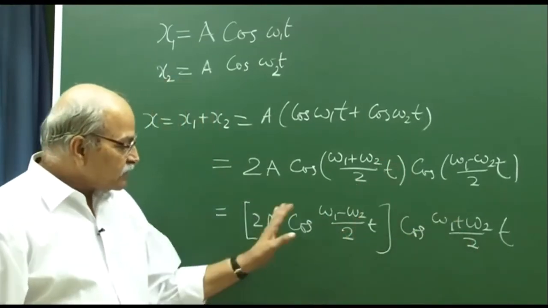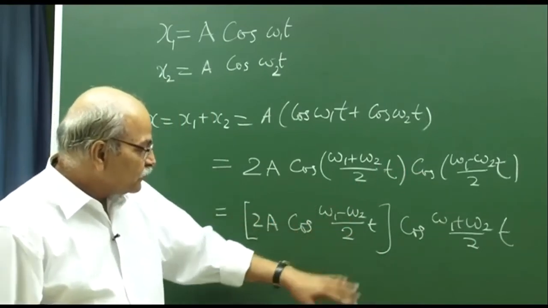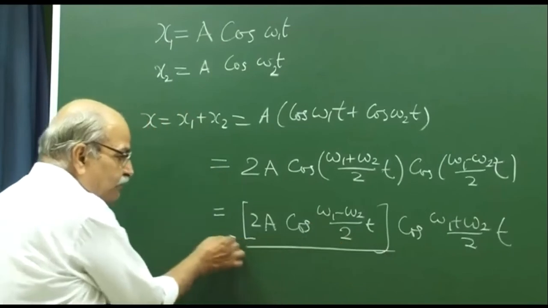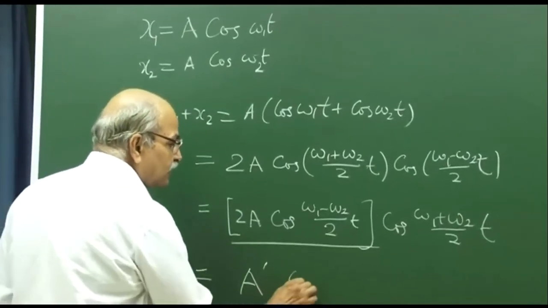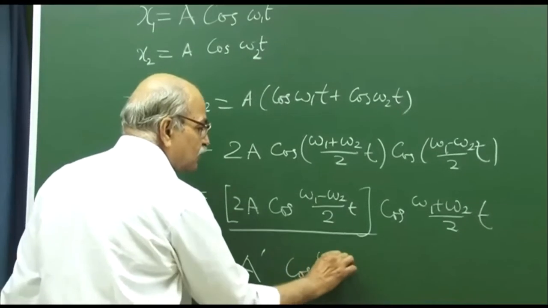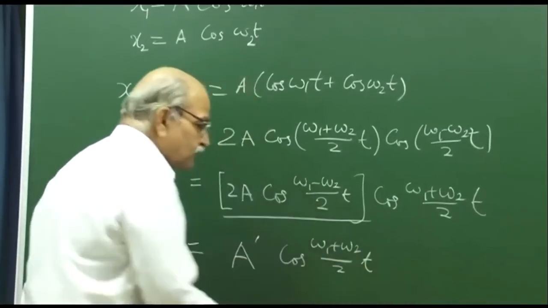So, you can describe this as an oscillation with this as the amplitude. You can write this as some a prime, some amplitude, and then cos of (omega 1 plus omega 2)/2 times t.